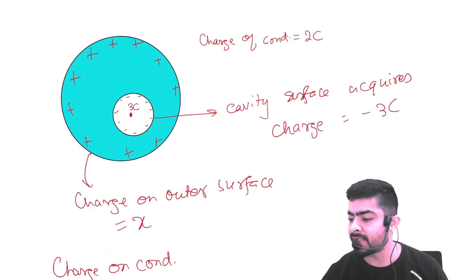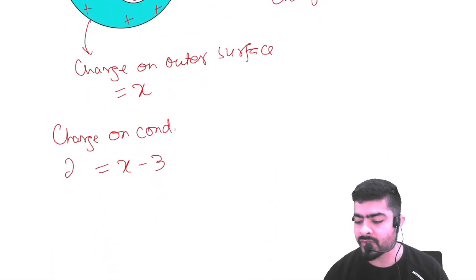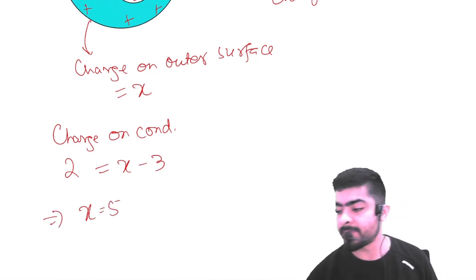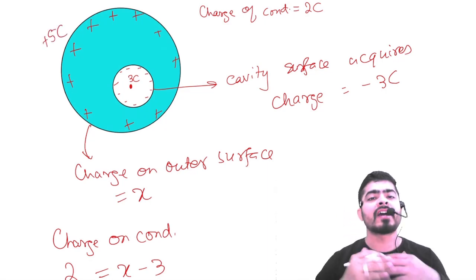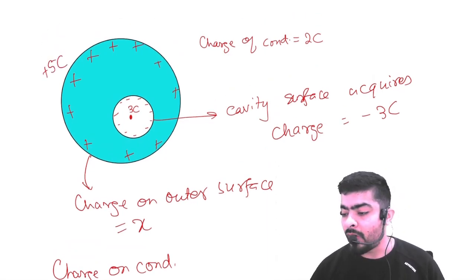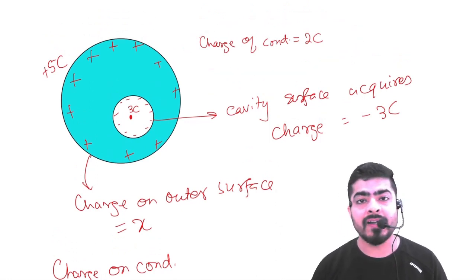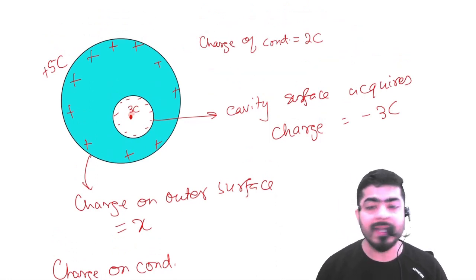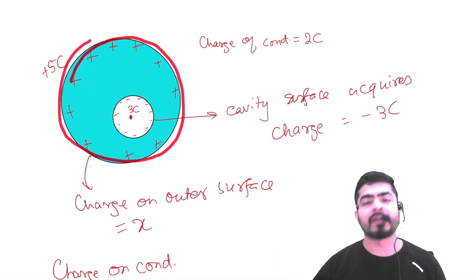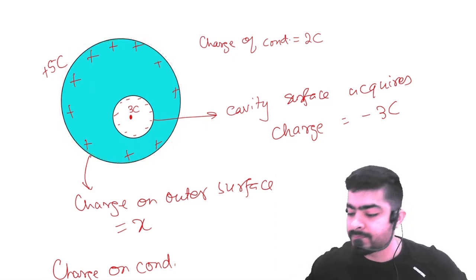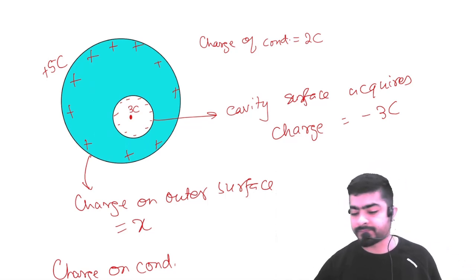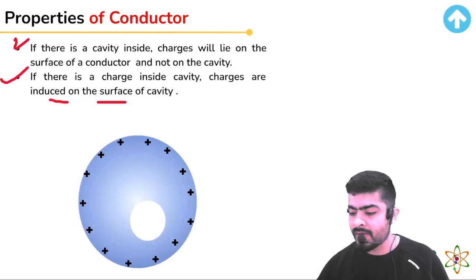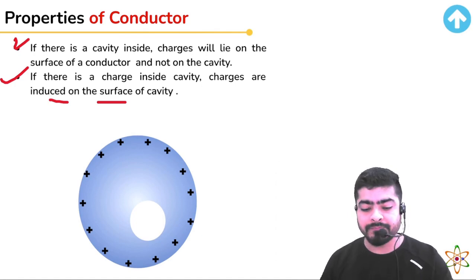And the charge on the conductor is 2, so x minus 3 equals 2. So I get x equal to 5 coulombs. On the outer surface 5 coulomb charge will now appear. Although the conductor has 2 coulombs of charge, inside we also have 3 coulombs, so in total 5 coulombs will appear on the outer surface. Is that clear? So this is how the cavities of conductors behave. So these are the two points. I hope you're clear with them.